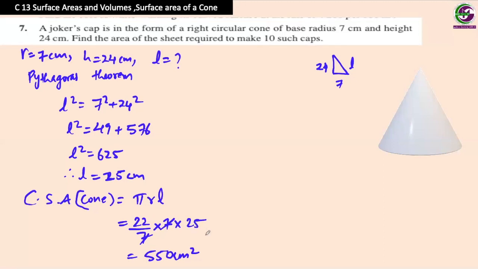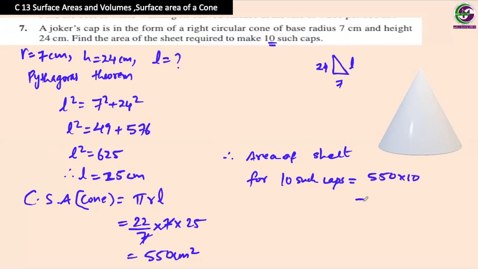Such 10 caps are supposed to be made. Therefore, area of sheet for 10 such caps is equal to 550 multiplied by 10, which is 5,500 centimeter square.